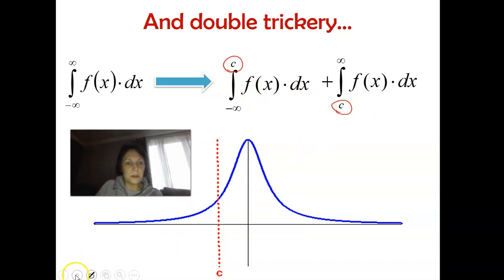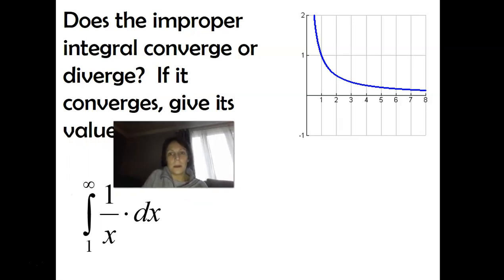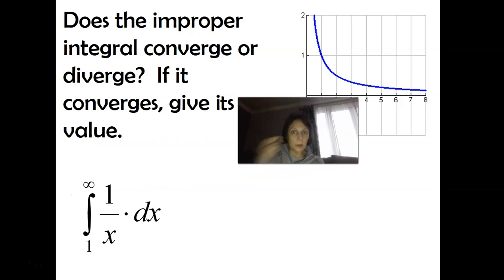Okay, so let's do a couple examples. In these examples, I put all different kinds of integrals so that we can practice integrating. All right. Okay, so we want to know if this integral right here converges or diverges.